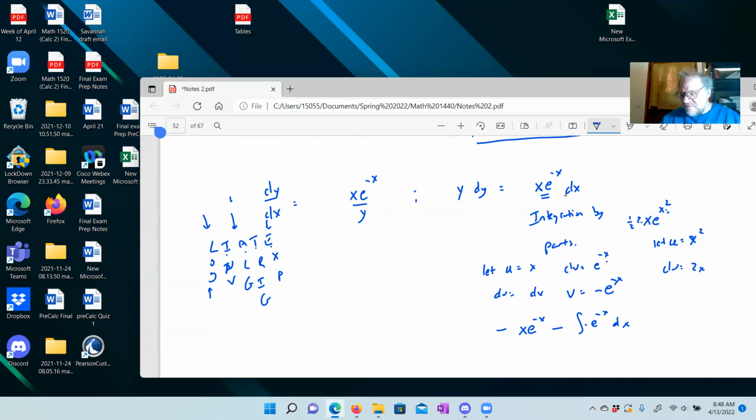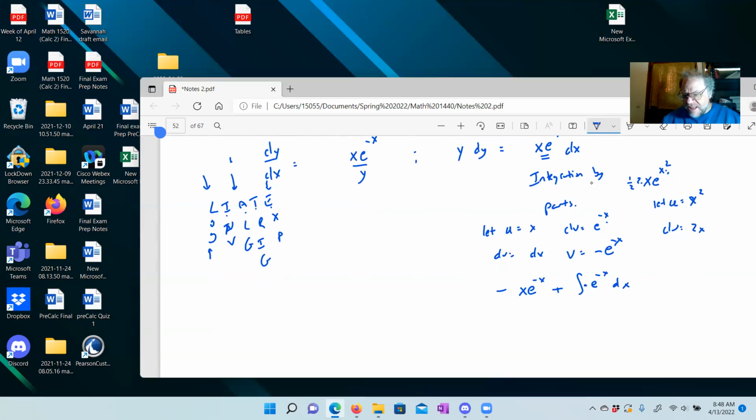We have negative negative, so we're going to cross those out and just put a positive here. And all we have now is negative x e to the negative x, integrating this guy here. This is going to be minus e to the minus x plus c, equal to y squared, integrating this side here, y squared over 2. Okay, and then we're ready to go.